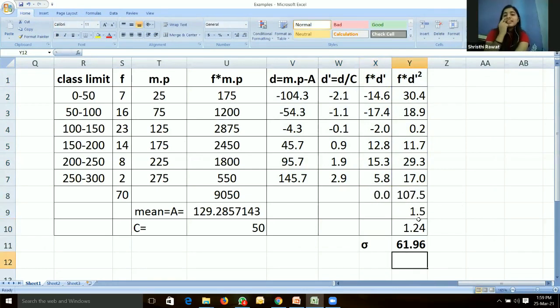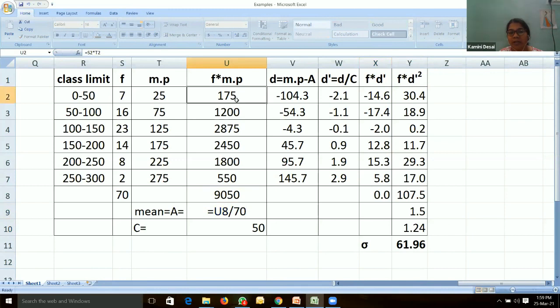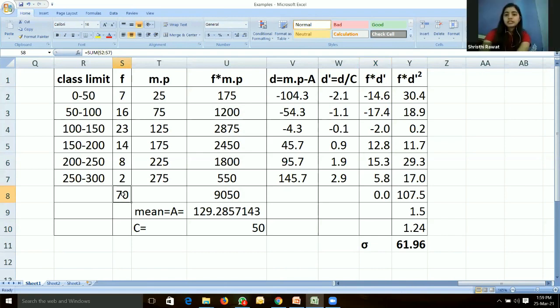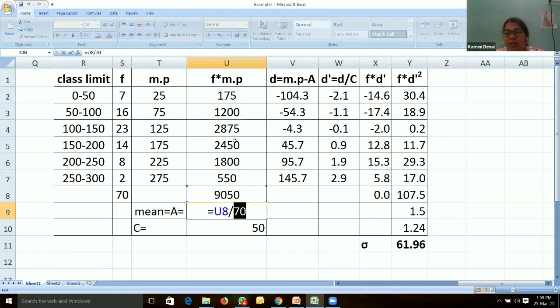Ma'am, how was that last one, a, calculated? Please tell the formula. A is the mean. You have to take the sum of f into midpoint and divide by summation of f, that is n. So n is our 70, and the total of this particular column is 9050. So 9050 divided by 70.